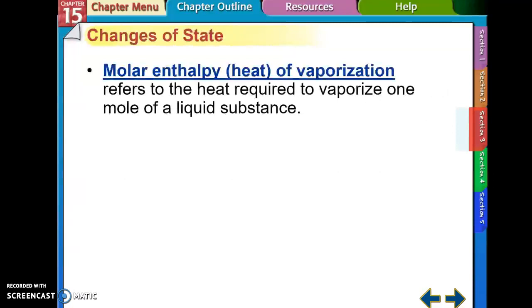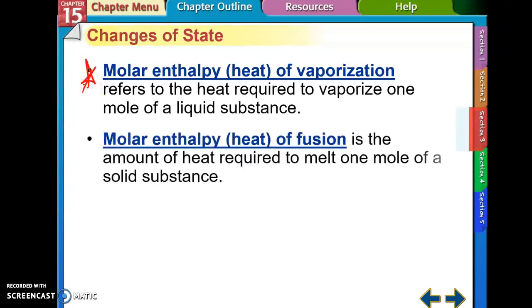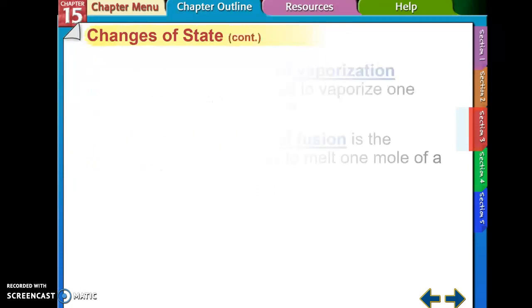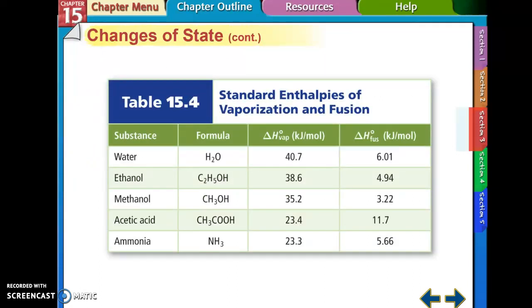Sometimes we're going to have molar enthalpies of vaporization. This is the heat required to vaporize 1 mole of a substance. And molar enthalpy, or the heat of fusion. And this one's weird. It's melting. I don't know why it's not called molar enthalpy of melting, but it's called molar enthalpy of fusion. And it's how much heat is required to melt 1 mole of a substance. And this table is also on your reference sheet.